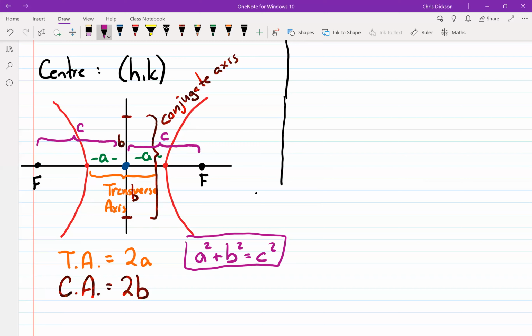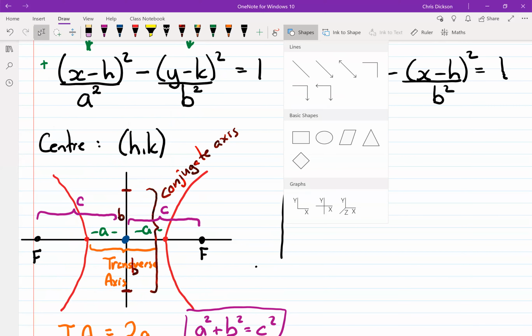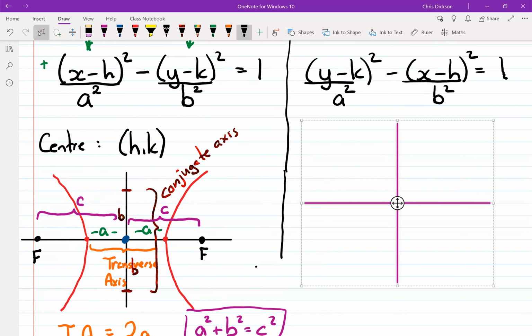And then for the other picture, if you were to draw a parabola, or sorry, hyperbola where the y's are positive, then what you would notice is that it actually opens up and down. And so what you would see is maybe you have your vertices here and here, and it opens like this, kind of like that.